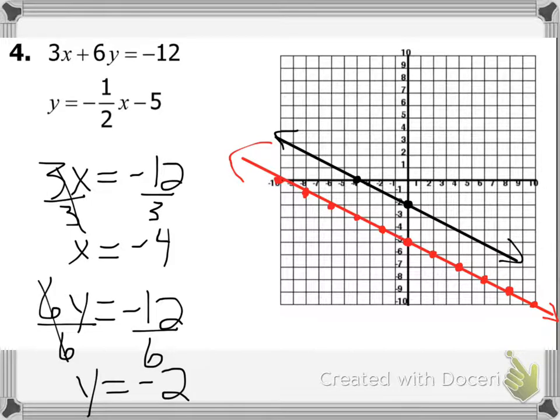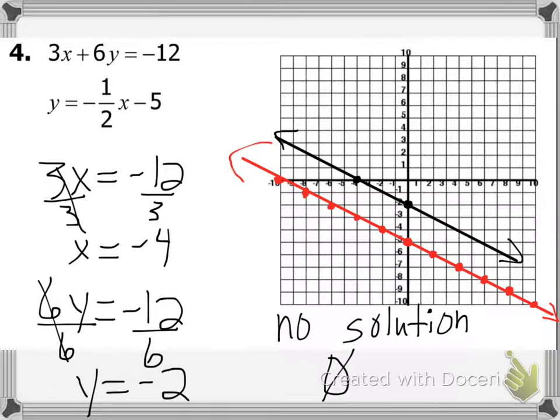What kind of lines are these? Parallel. Are they ever going to intersect? No. So what's my answer? No solution. You can write out no solution, or NS, or you can use the no solution symbol, which is a circle with a slash through it.